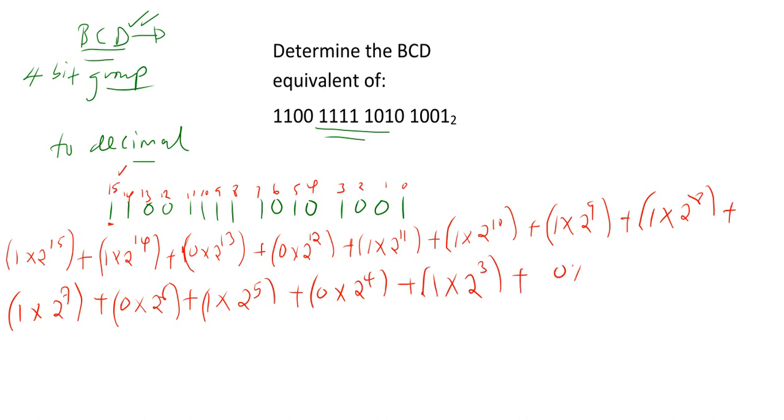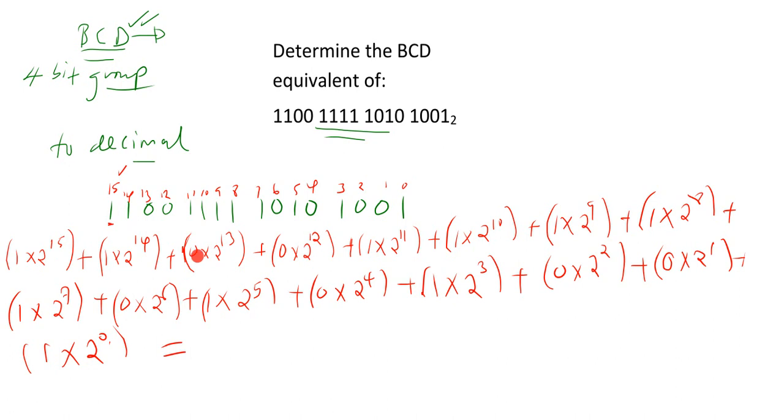0 times 2 power 2. We have 0 times 2 power 1. And lastly we have 1 times 2 power 0. The next step is to write the powers like that, then take the equivalent values of all these numbers.